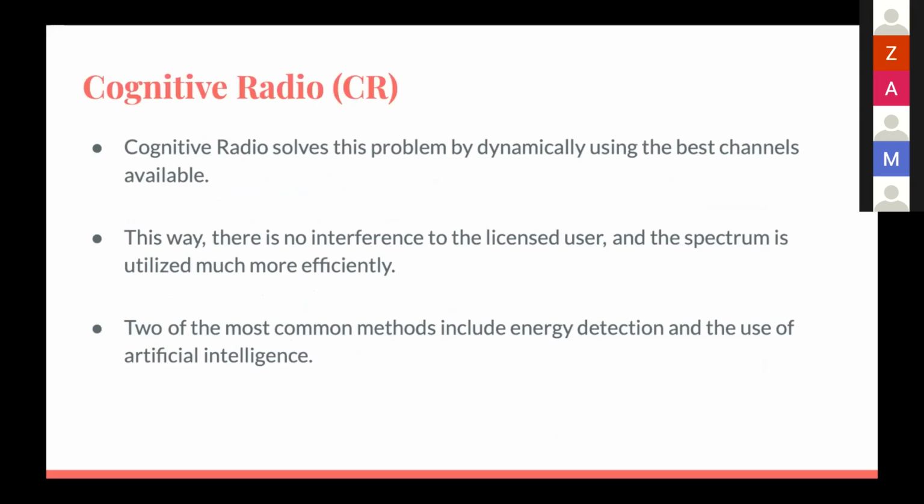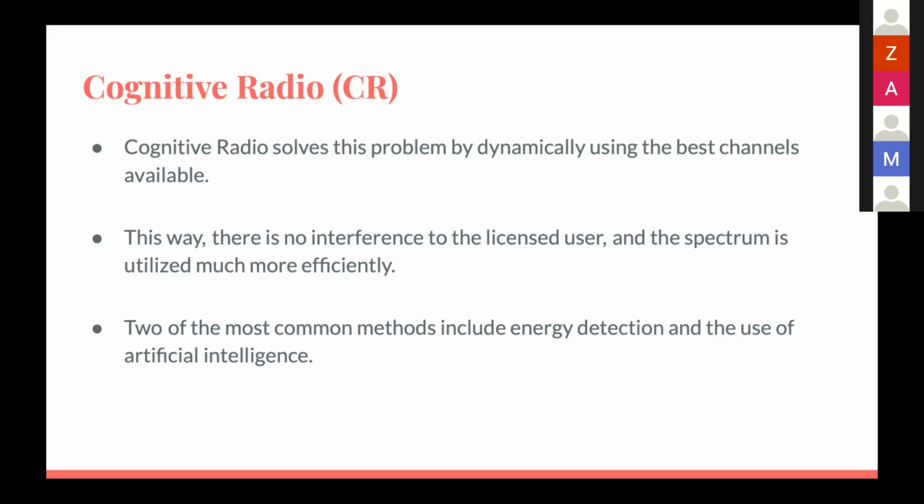So one solution for this is using cognitive radio. What this does is dynamically assign channels as devices want to use them, instead of having one assigned beforehand. This allows more devices to be used when other devices aren't, because they'll use the same channels, which is much more efficient than what's being used now. Two methods of doing this that we look at are energy detection and artificial intelligence.